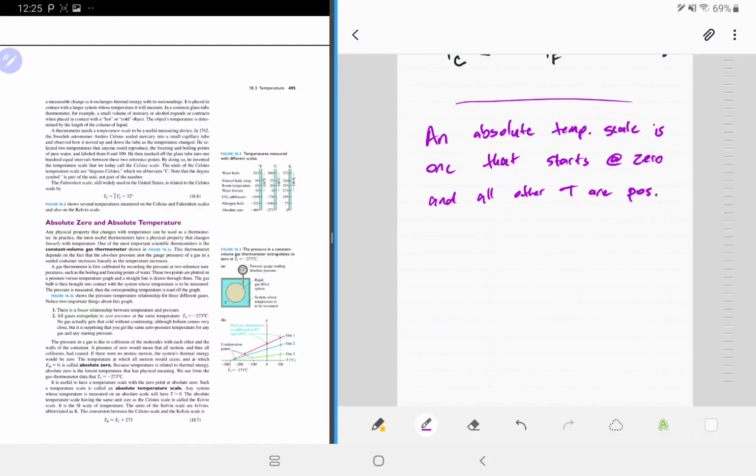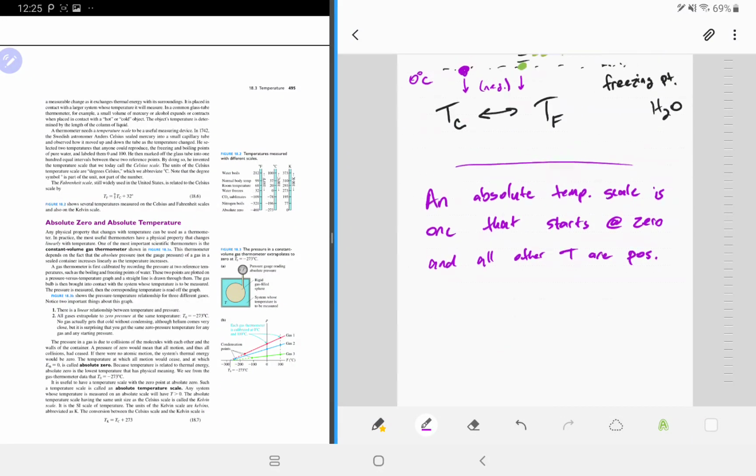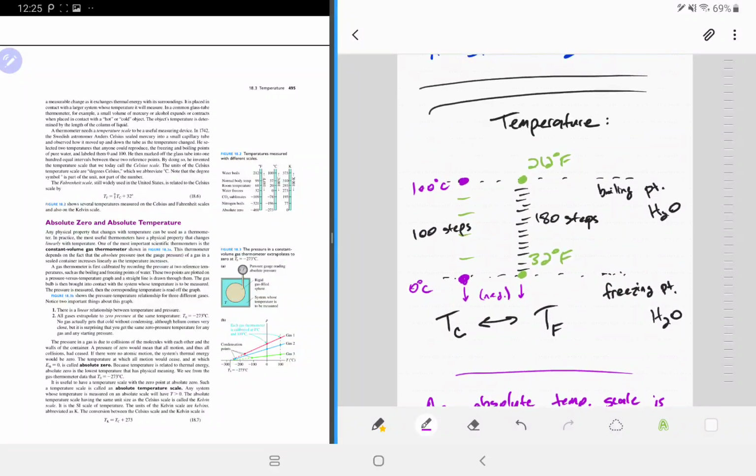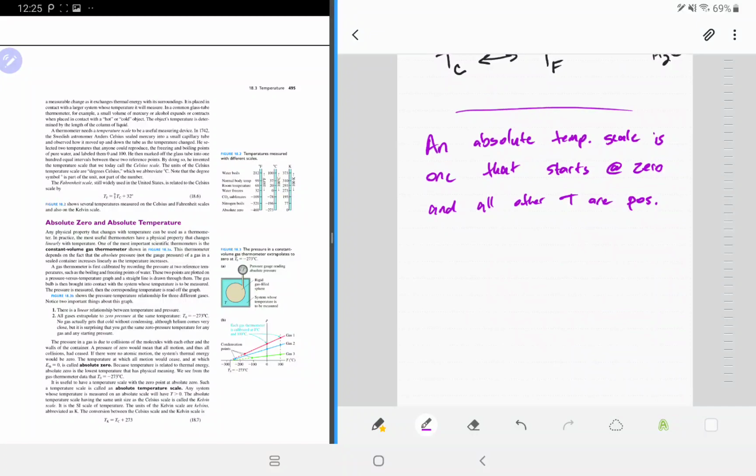The SI unit for temperature, the most common temperature scale, is an absolute temperature scale, not one of these two. So Celsius and Fahrenheit are not absolute temperature scales. The one that we like the most is Kelvin. Kelvin is an absolute temperature scale.